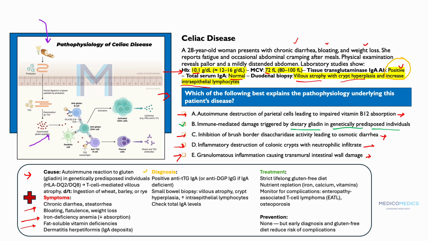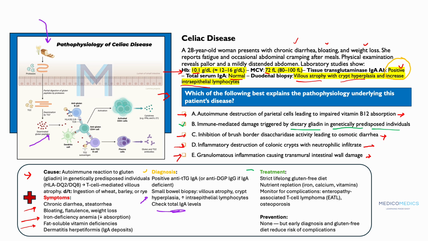Furthermore, small bowel biopsy showing villous atrophy, crypt hyperplasia, increased intraepithelial lymphocytes, for example. Also, don't forget to check total immunoglobulin A levels to avoid a false negative.